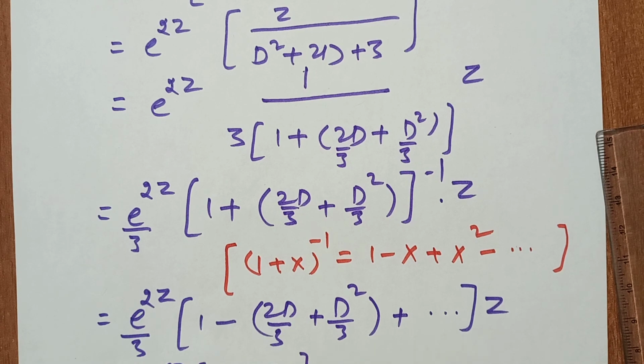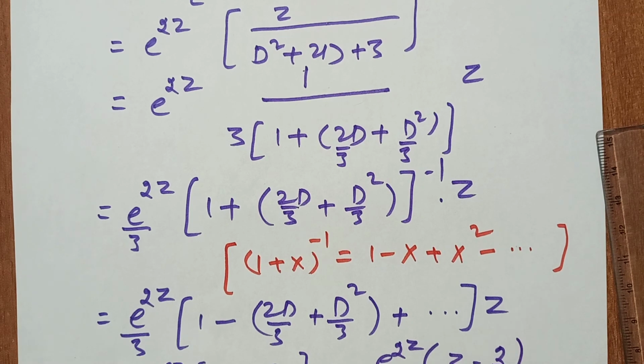So this equals e^(2z)/3 (z − 2/3). This is the particular integral.